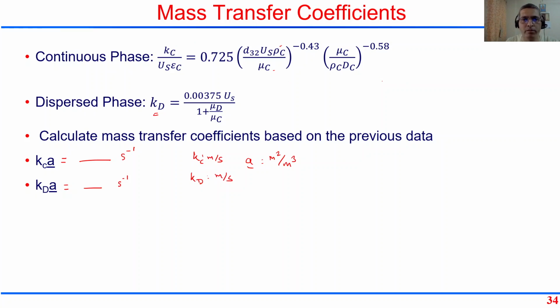Okay, in case you are thinking about this, this is your Sherwood number divided by Re and Schmidt number. This is some constant 0.725, in this case Reynolds number raised to minus 0.43 and Schmidt number raised to minus 0.58. So if you just multiply throughout by Reynolds number and Schmidt number, then the Sherwood number would be minus 0.43 plus 1.